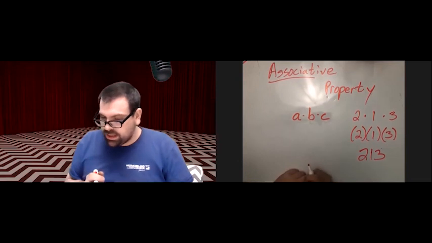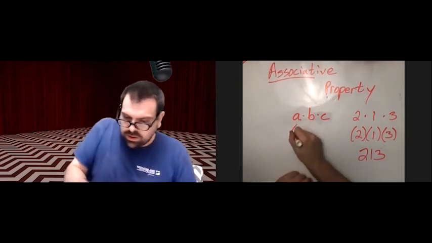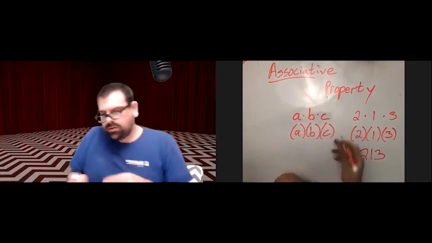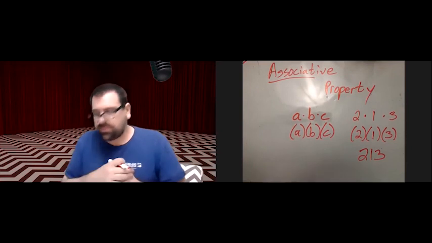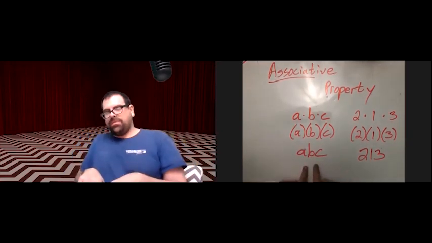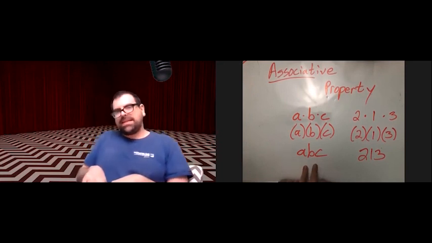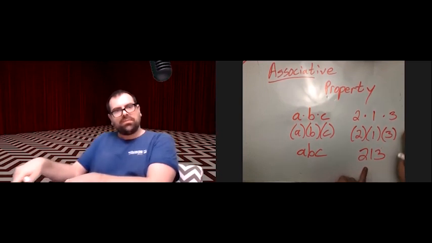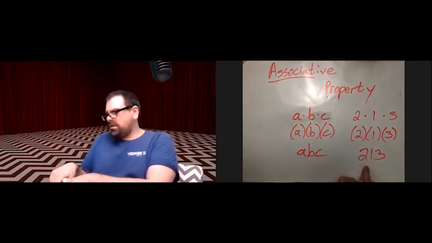But here's the thing. If we did these same things with letters, okay, parentheses, that means multiplication. There's not a number ABC. There's not a letter ABC. We don't have the same issue that we do with 2 times 1 times 3 being a completely different looking thing than 213.